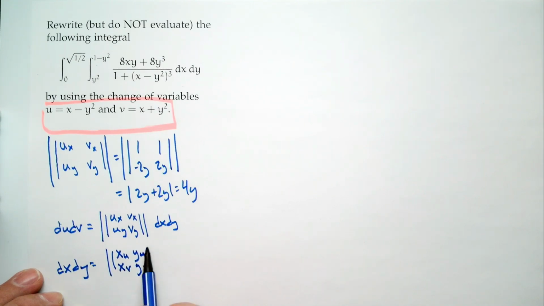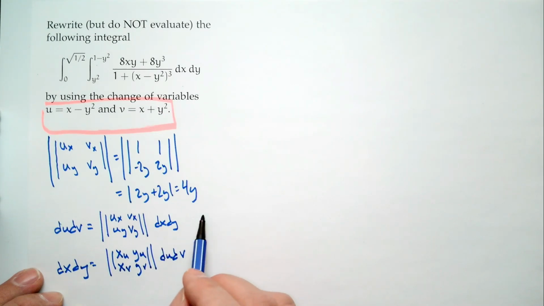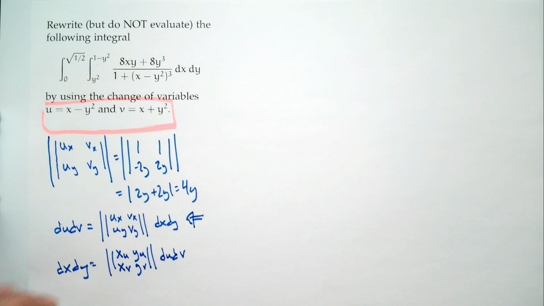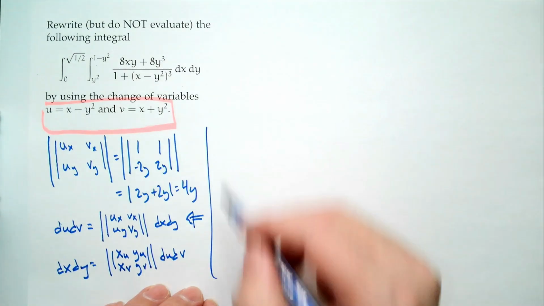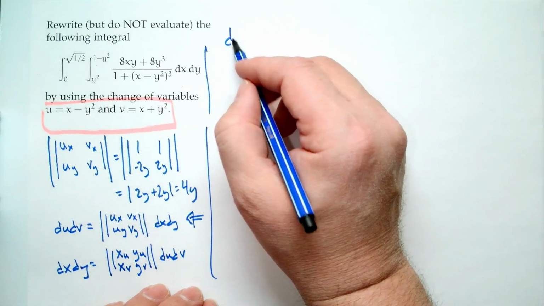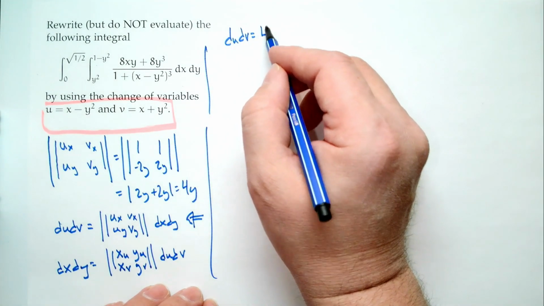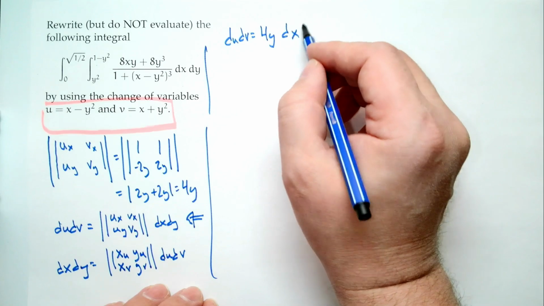To do that, you have to do some work to figure out what x and y are in terms of u and v. I prefer the method we're doing right now, because it doesn't require me to solve for x and y, which saves us a step, and I always like to avoid extra work. So what we've concluded from this computation is that du dv is equal to 4y dx dy.